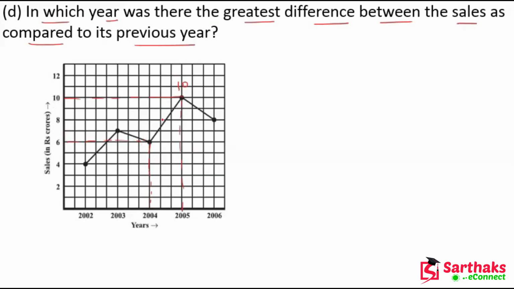If we subtract 10 minus 6, we get 4. So we can say that in the year 2005 there was the greatest difference.